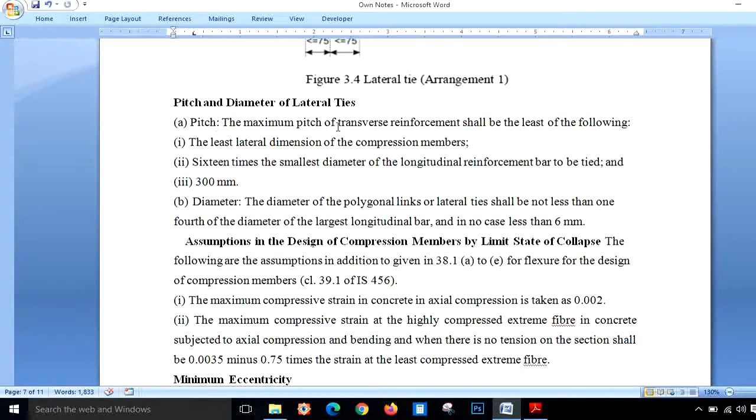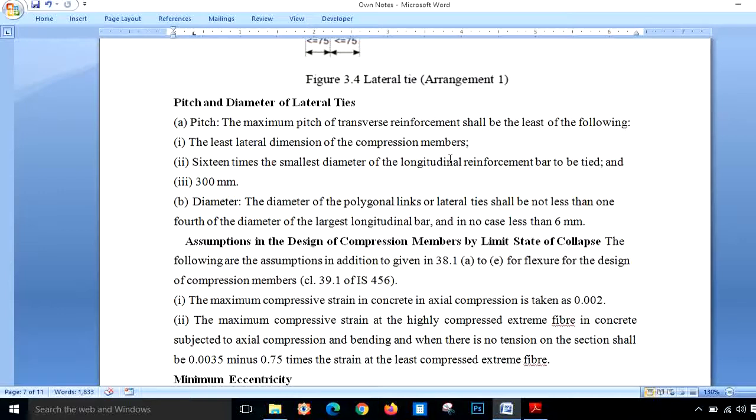The maximum pitch of transverse reinforcement shall be the least of the following. The least lateral dimension of the compression member, either width or depth, whichever is least. 16 times the smallest diameter of the longitudinal reinforcement bar tied.